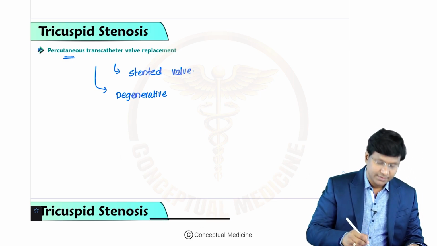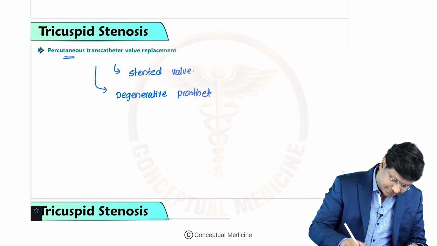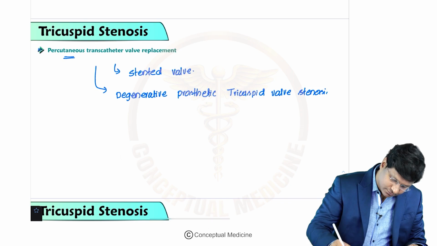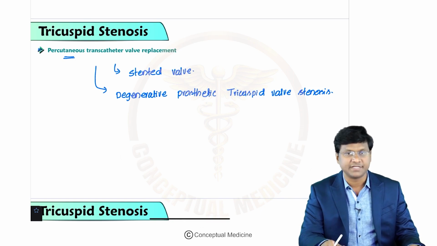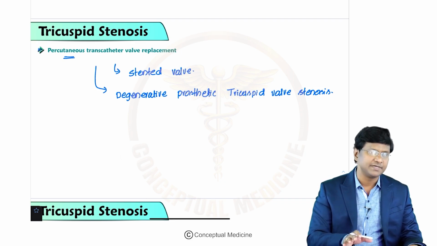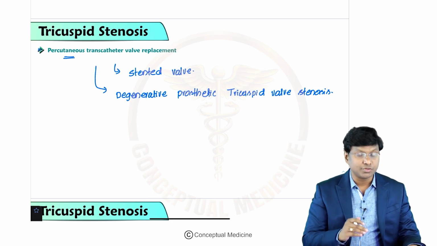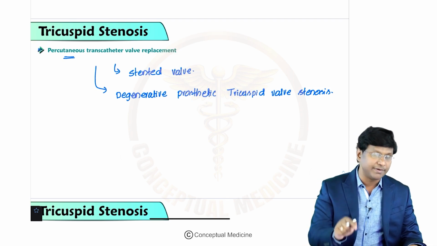This particular device is still being investigated. Between these two, which is better? Surgical tricuspid valve replacement is the better option, and that too a bioprosthetic valve.